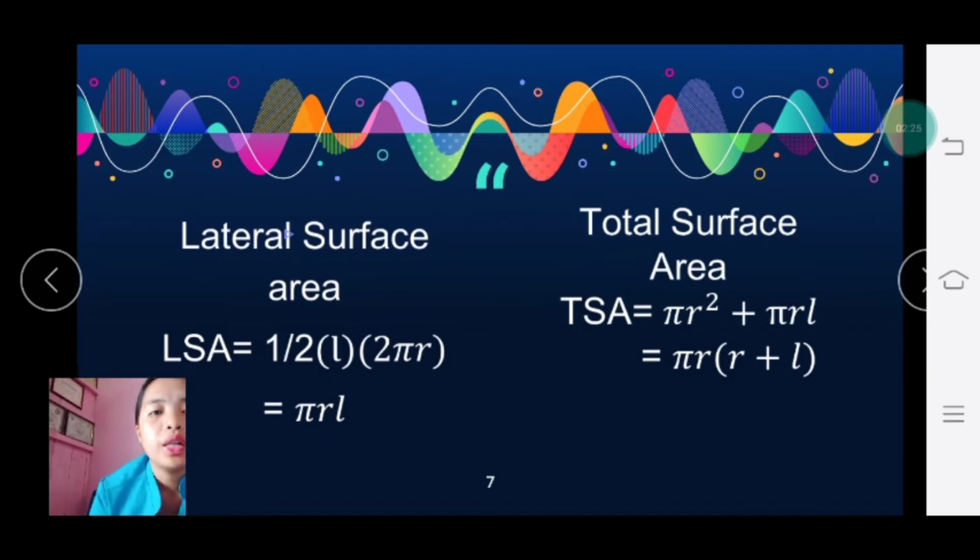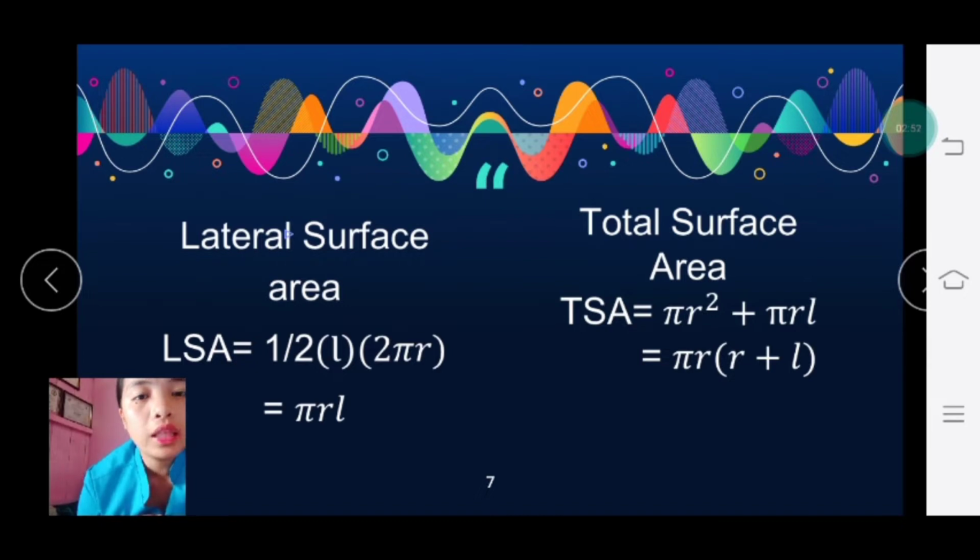Okay. So the lateral surface area. The formula of lateral surface area is equal to 1/2 times L, the slant height, times 2 pi r. What is that? Unsa nang 2 pi r, ma'am? Ang 2 pi r, mao na siya ang measurement sa sector.